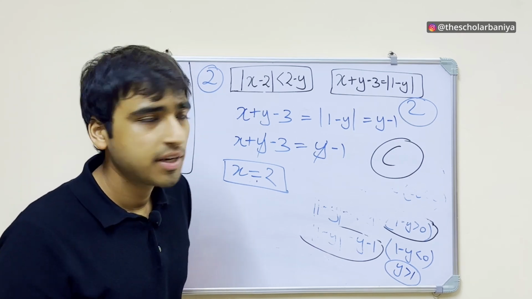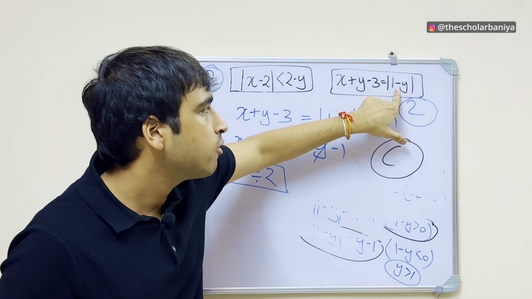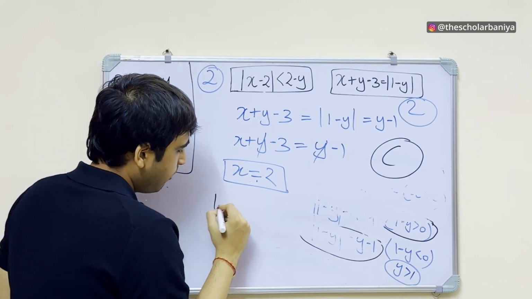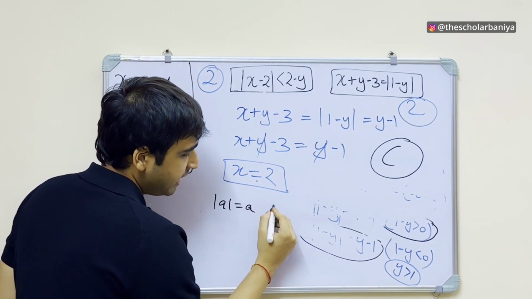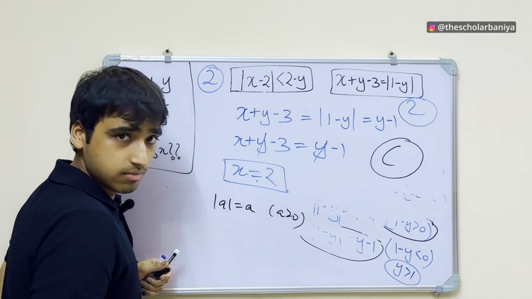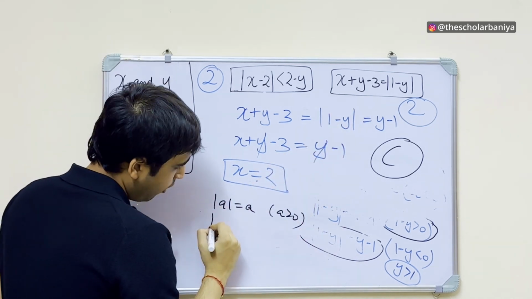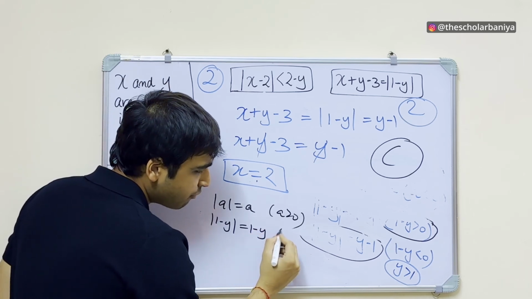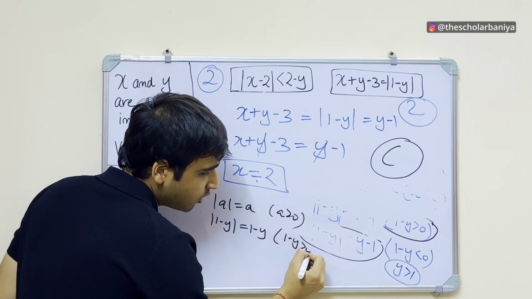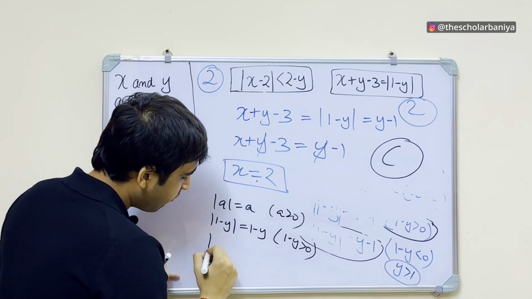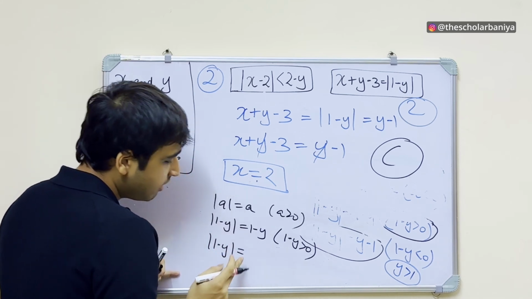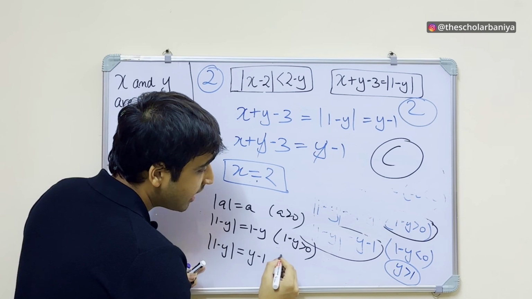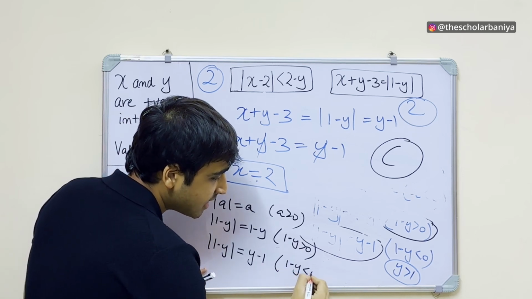So basically what we did over here is that we had a mod of 1 minus y, right? We know that mod of a is equal to a if a is positive. Similarly, mod of 1 minus y will be 1 minus y if 1 minus y is greater than 0, and it will be minus a, meaning y minus 1, if 1 minus y is less than 0.